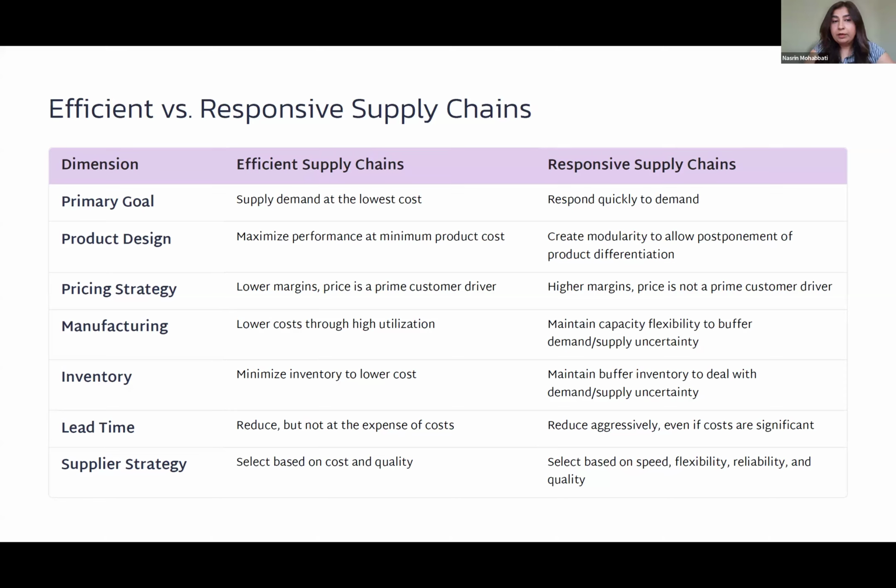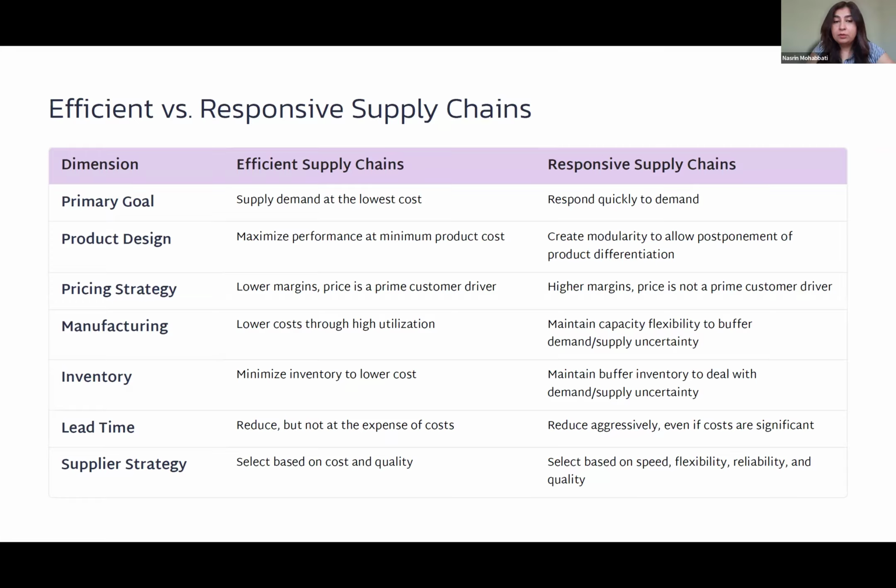In terms of inventory, efficient supply chains try to lower the cost of inventory. Responsive supply chains still keep some inventory as a buffer. So excess inventory is kept in responsive supply chains just in case, so that shelves are not empty. They can offer availability fast, they can offer shipments fast, and so on.